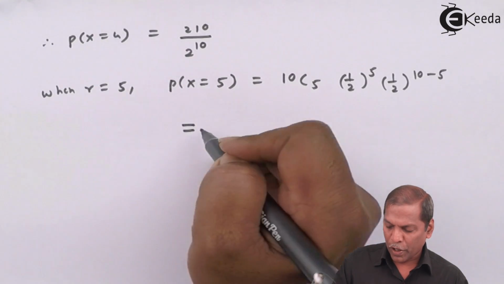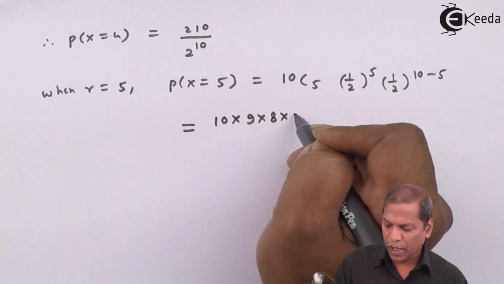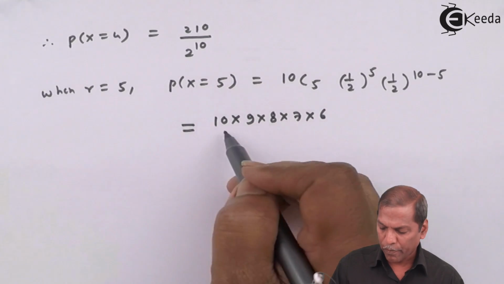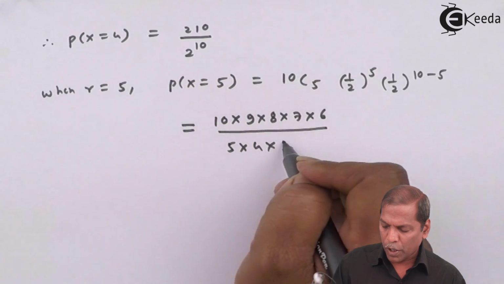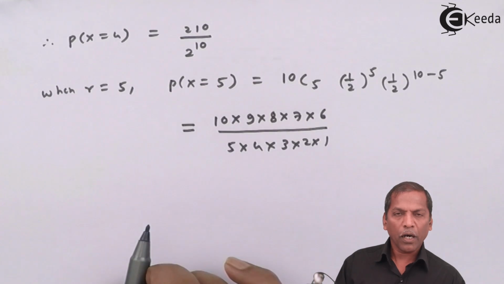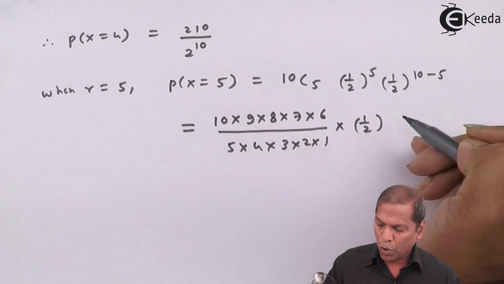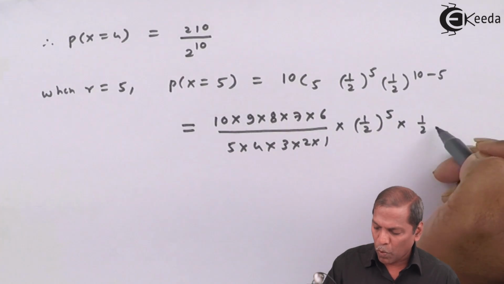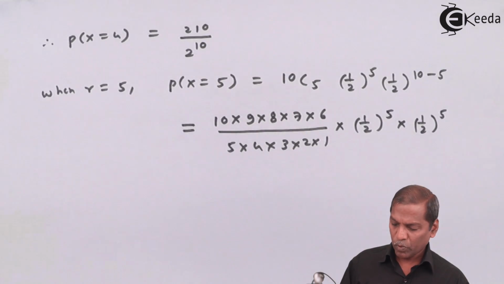On simplifying further, we get 10 into 9 into 8 into 7 into 6, total 5 numbers in the numerator, upon 5 into 4 into 3 into 2 into 1, again 5 numbers in the denominator. Then into 1 upon 2 raised 5, we write as it is, into 1 upon 2 raised 10 minus 5, which gives 5.